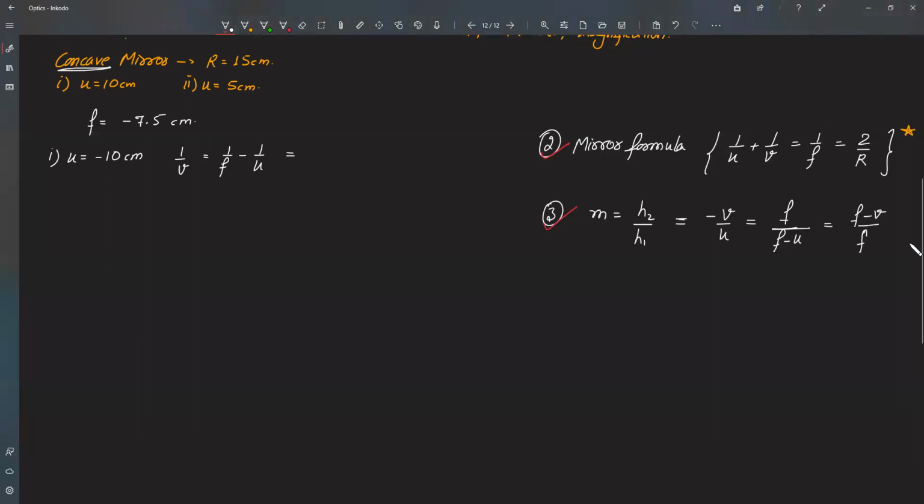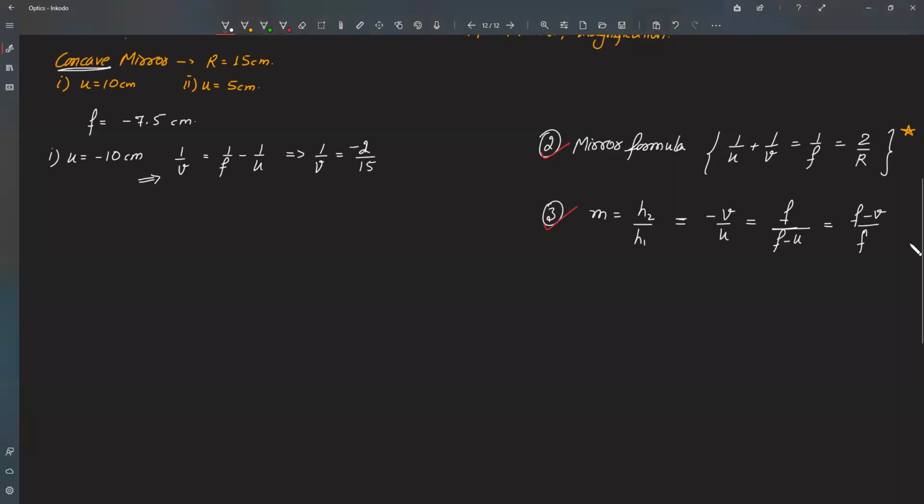Here in this case, you should ideally start from this equation, the mirror formula: 1/u plus 1/v is equal to 1/f. So we have to find v. I have rewritten the formula as this. Now 1/v will be equal to 1/f minus 1/u. 1/f is -7.5, or it was -2/15.